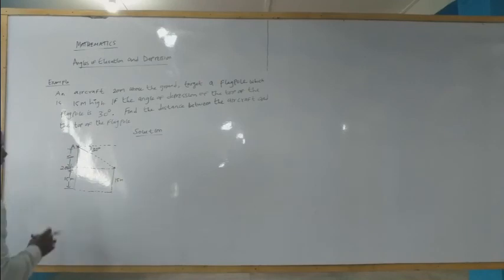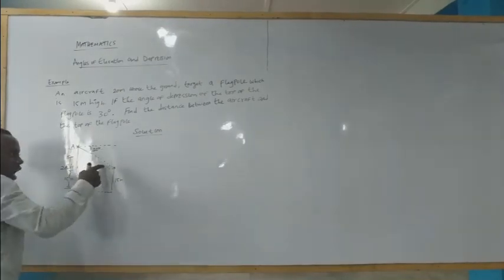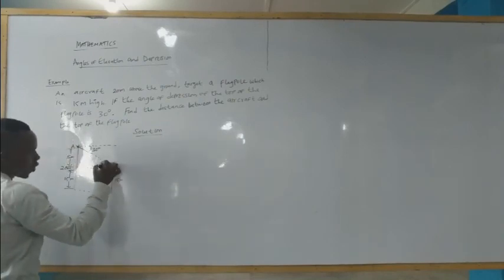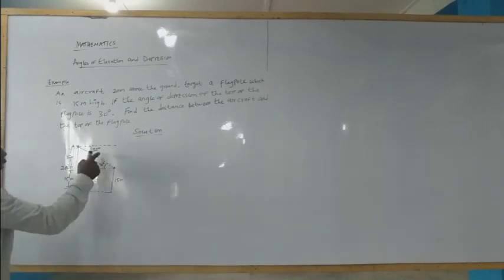So if this is 5 and this is 30, we have an alternate angle into this. An alternate angle, 30 degrees. And we have 5 meters, we are required to find it.